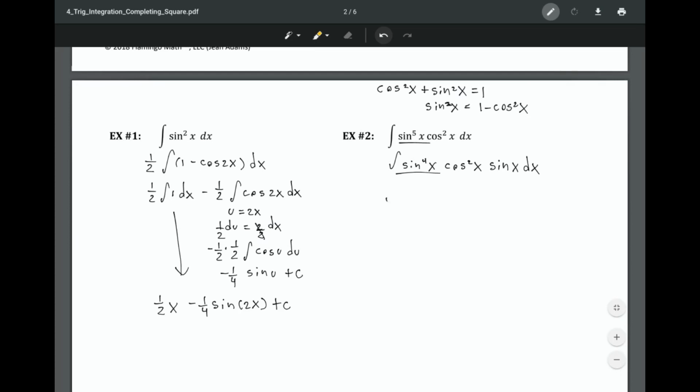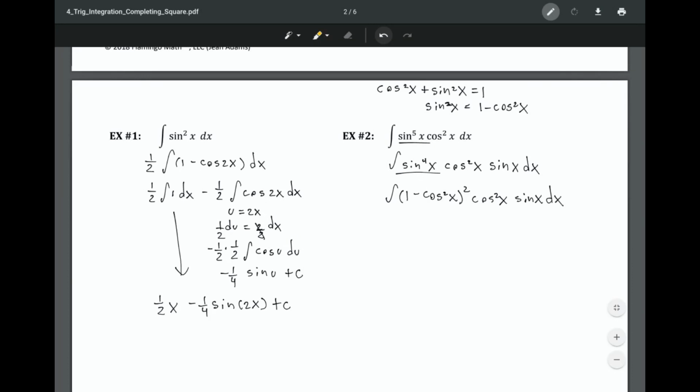All right, so this right here, I'm going to replace this sine squared with 1 minus cosine squared x, all of that to the 2nd power, because remember, this right here that I'm underlining, that's sine squared. And if I have sine squared raised to the 2nd power, that's sine to the 4th power. Okay, so now the cosine of x, I'm going to leave that alone. Sine of x, I'm going to leave that alone.